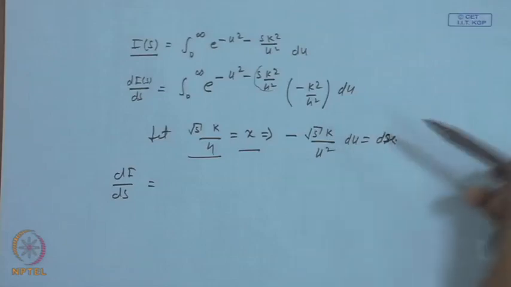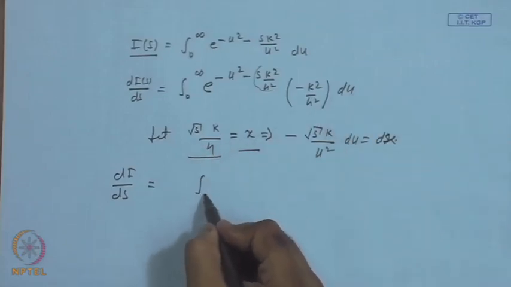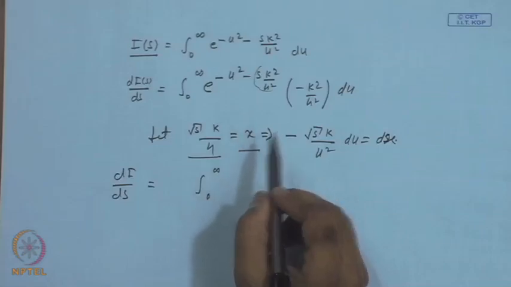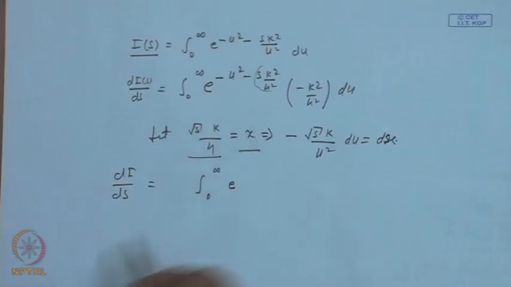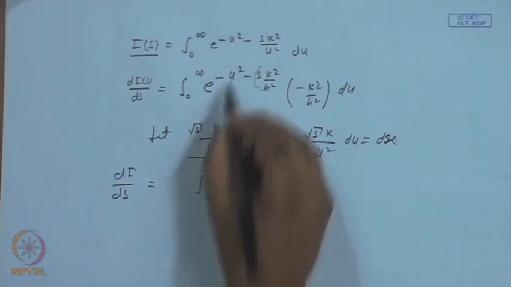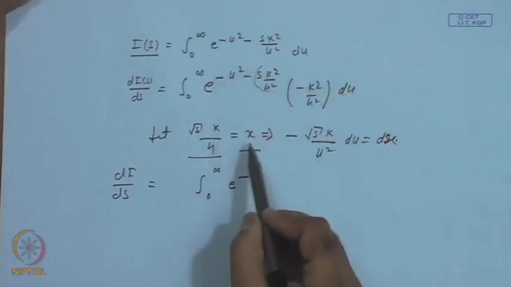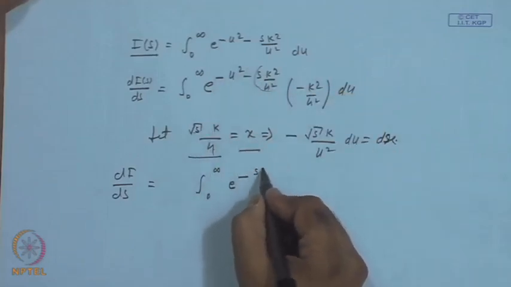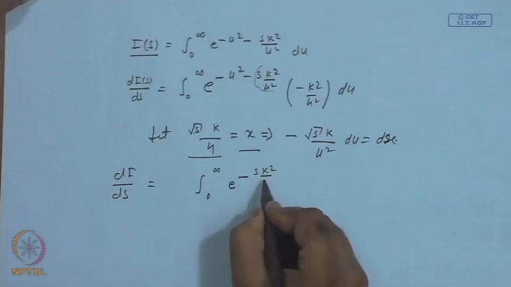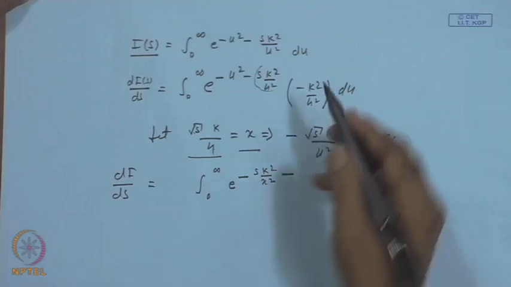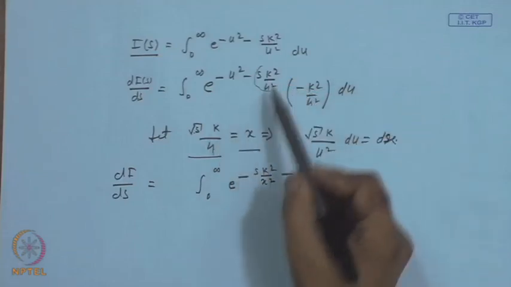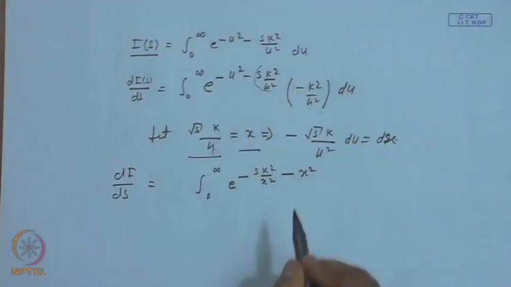Now this dI over ds will be the integral with limits 0 to infinity of e to the minus u square, where u square will be s k square over x square, so e to the minus s k square over x square, and minus this one, which is again x square.